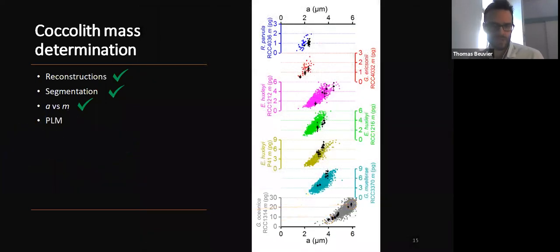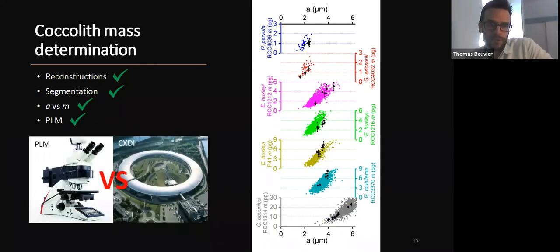So we did it for the 7 species that we measured, and we compare these results to PLM. So PLM results are in color dots, and CXDI are in black dots. So the agreement is quite good, and it validates that the measurements done by PLM are correct.